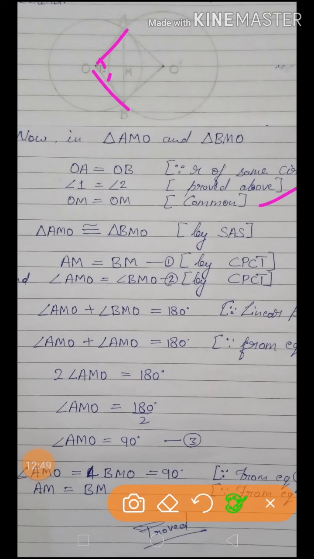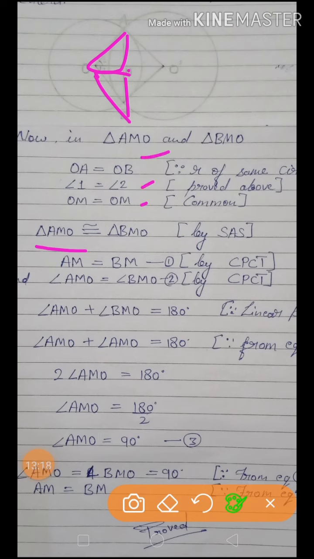Now come to the third thing. We can see that OM is the common side of these two triangles, so we are writing OM is the common side. So triangle AMO is congruent to triangle BMO by the SAS rule of congruency.